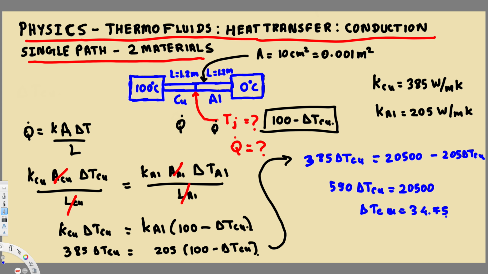This is delta T copper, but the junction is 100 minus delta T copper. So T junction is equivalent to 100 minus 34.75, and if you calculate that you should get 65.25, right? So this is going to be the junction temperature.